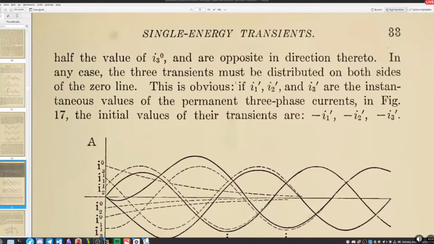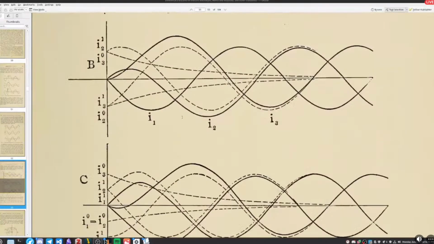This is obvious if I sub 1 prime, I sub 2 prime, and I sub 3 prime are the instantaneous values of the permanent three-phase currents in Figure 17. The initial values for the transients are minus I sub 1 prime, minus I sub 2 prime, and minus I sub 3 prime.